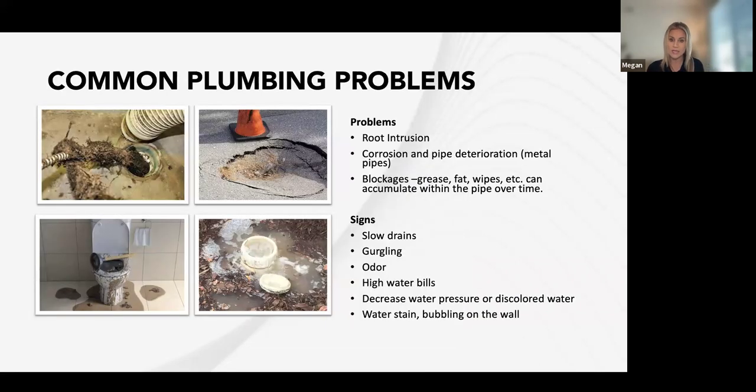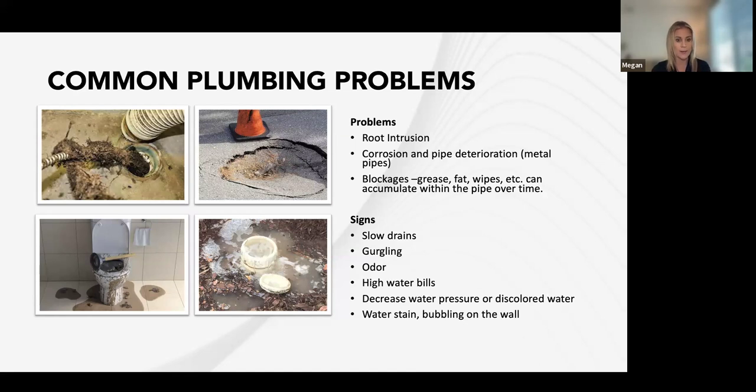Common problems that we see will be root intrusion, corrosion, buildup over time, and blockages. Depending on the cooking that's being done, you might see a lot of grease and fat buildup within the pipes. This is all based on age and basically what goes down the drain.